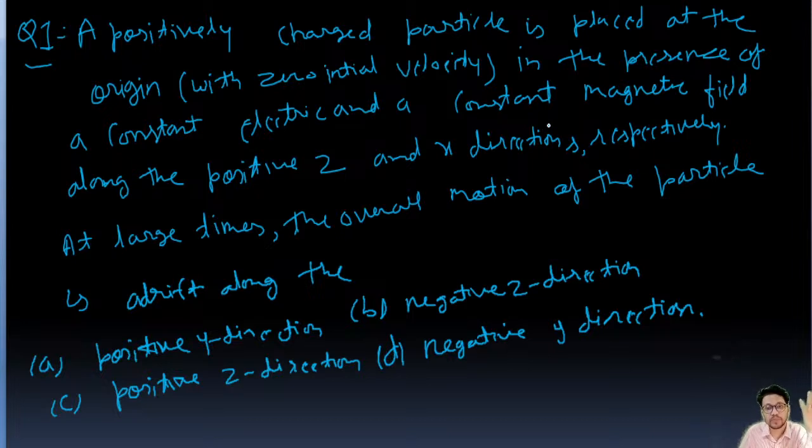At large times, the overall motion of the particle is a drift along which direction? The options are positive y direction, negative z direction, positive z direction, or negative y direction. That we need to find out. Very simple question. I'm going to solve it.